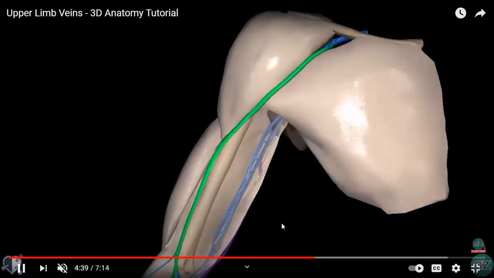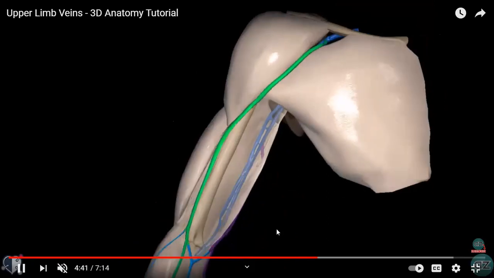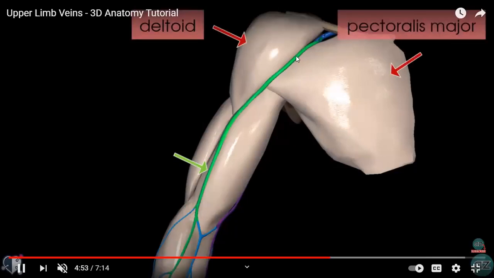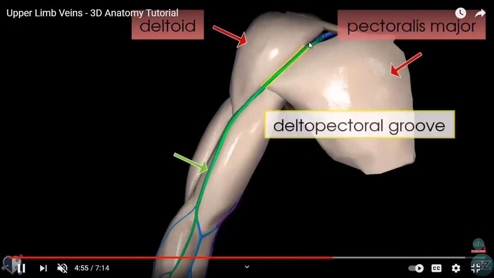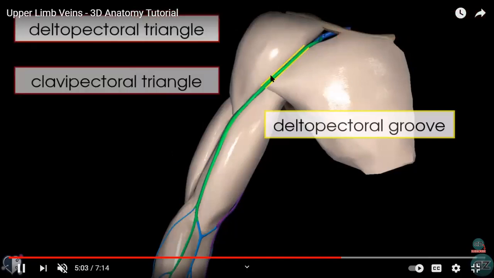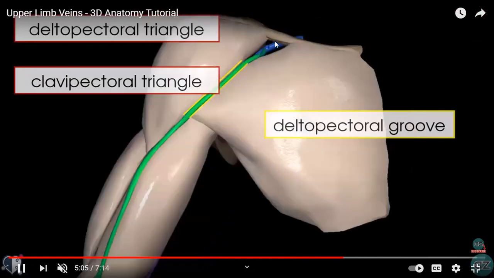Now let us talk about the cephalic vein itself again. Cephalic vein, lateral side of the biceps, deltopectoral groove, isn't it? It pierces the clavipectoral fascia. This is the deltoid muscle, this is the pectoralis major muscle, and the groove is the deltopectoral groove. This is the clavipectoral triangle.